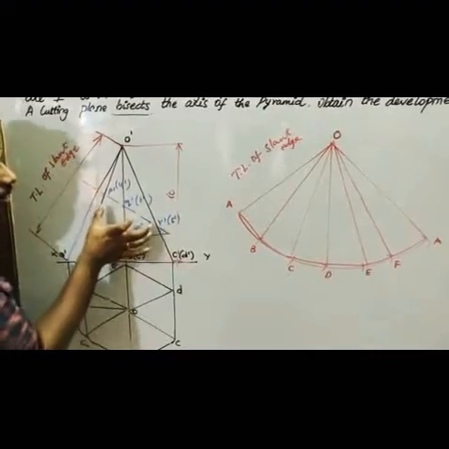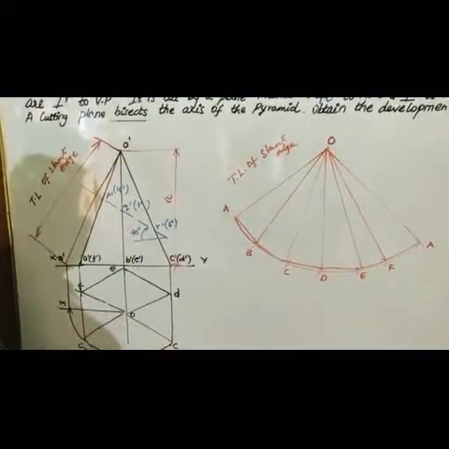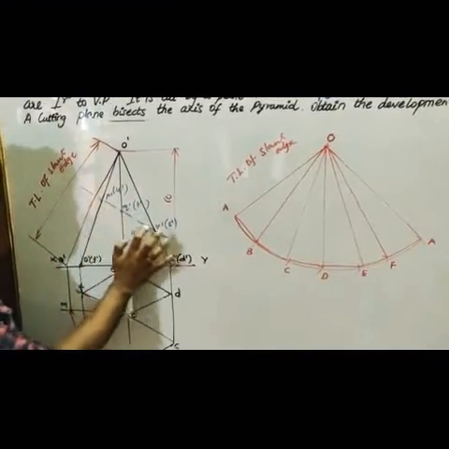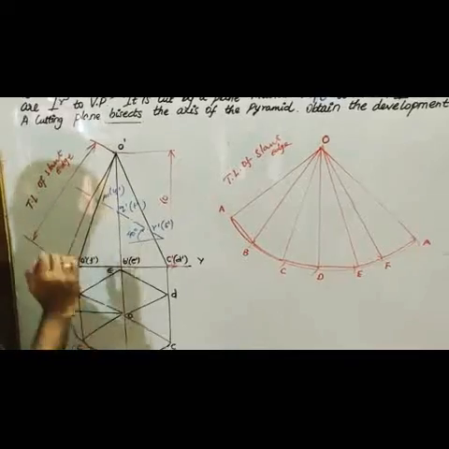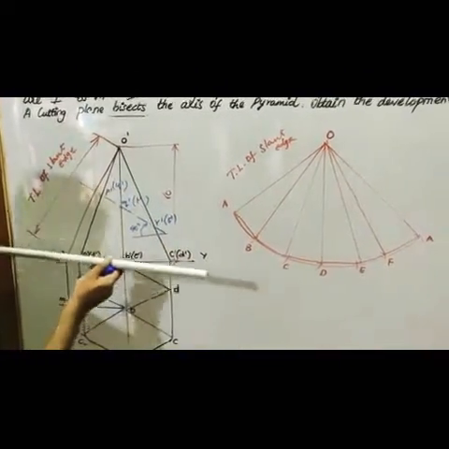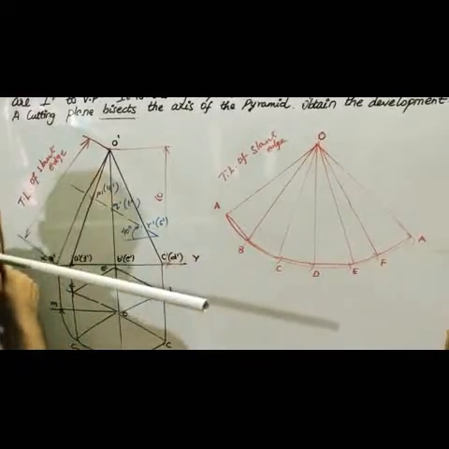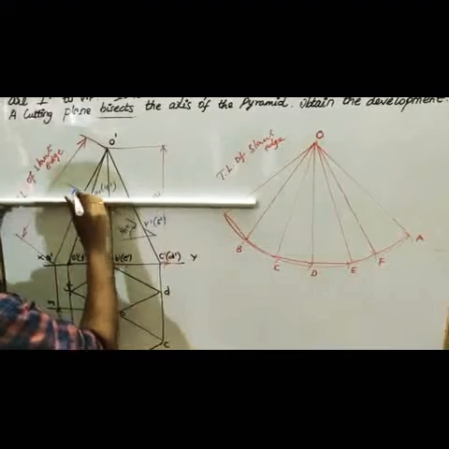These cutting points are on the slant edges of the line, but we have to mark these points in the true shape of your development. So what you have to do is draw a horizontal line from this O dash to the true length of your slant edge.